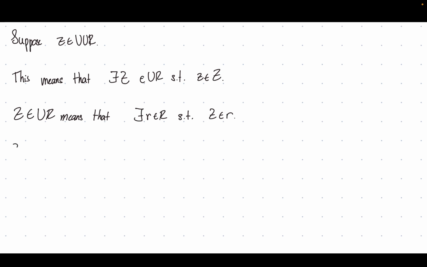But since big R is a relation, little r is equal to (x, y) for some x, y, and we'll leave it at that.